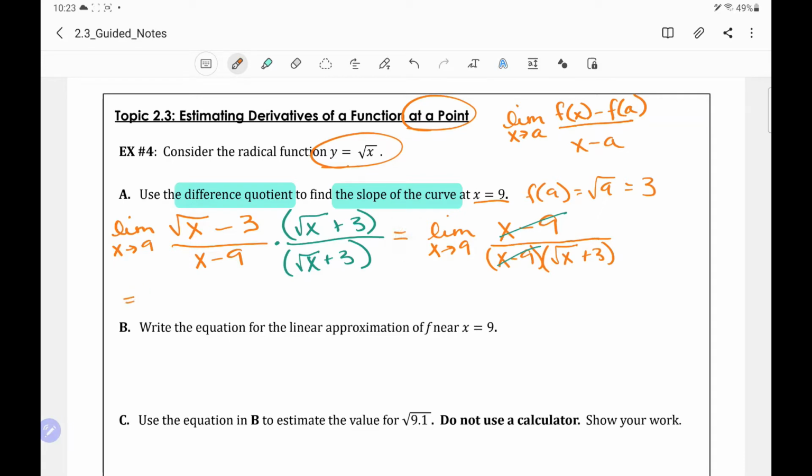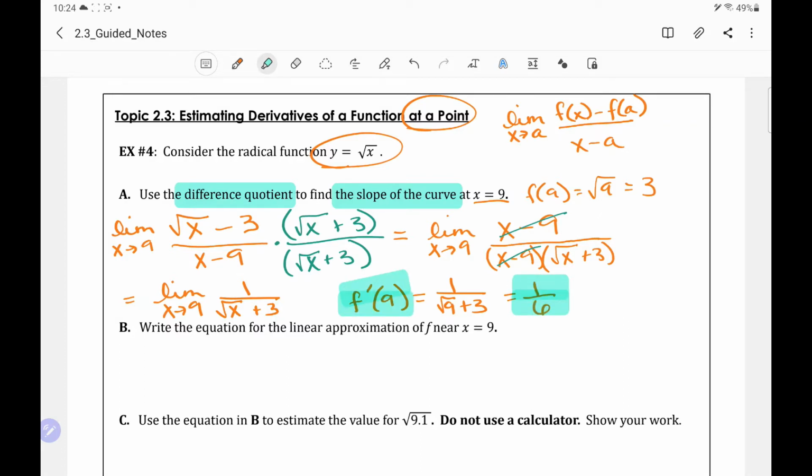And we are left with the limit as x goes to 9 of 1 over square root of x plus 3. Now I can go ahead and plug in, right? F prime of 9 equals 1 over square root of 9 plus 3, which equals 1 over 6. So there is my actual answer for f prime of 9.